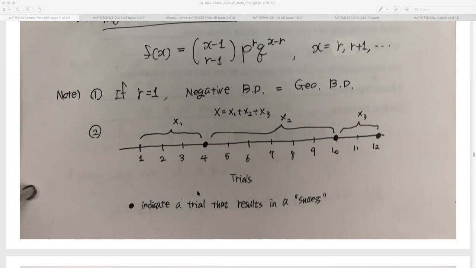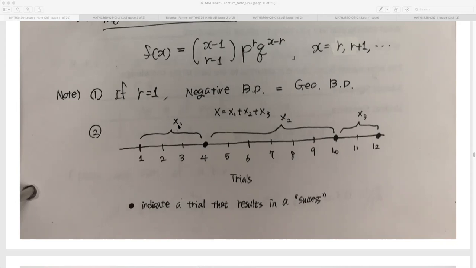The dot indicates a trial that results in a success. So x, the number of trials until r, in this example 3 successes, can be expressed as x1, x2, x3. Each of x sub 1 through x sub 3 represents geometric random variables.